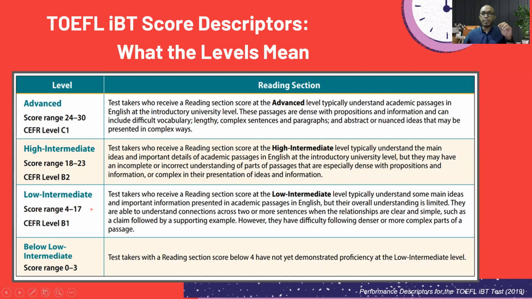And in the low intermediate level, it shows that you can only understand some main ideas and important information presented in the passages. And it shows that your overall understanding of the passage is limited. It means you only understand a portion, maybe a third or 15% of the passage.